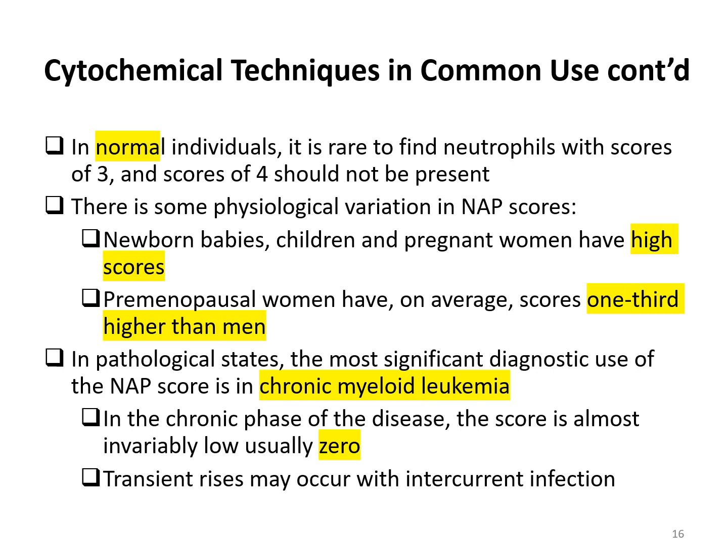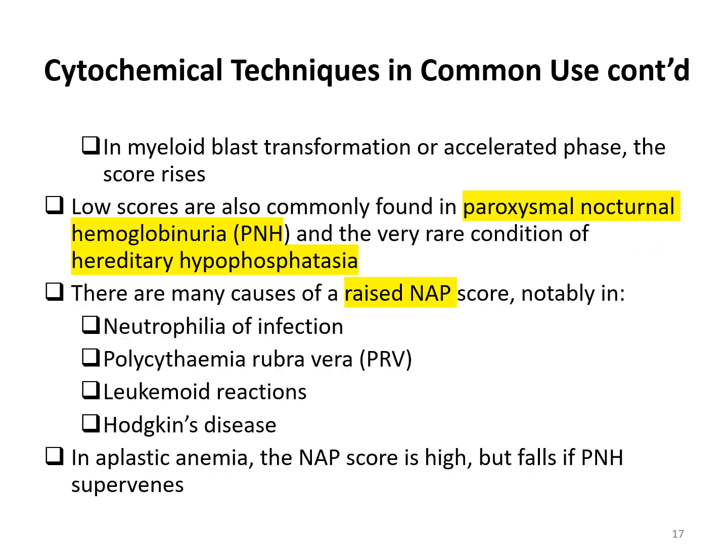In pathological states, for example in chronic myeloid leukemia, you will find that the chronic stage would have 0. But transient rises may happen with intercurrent infection. In myeloid blast transformation, the score slowly rises.